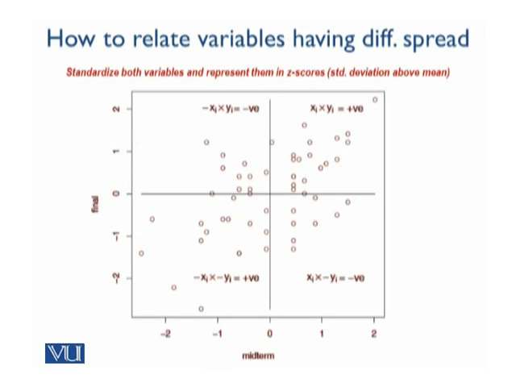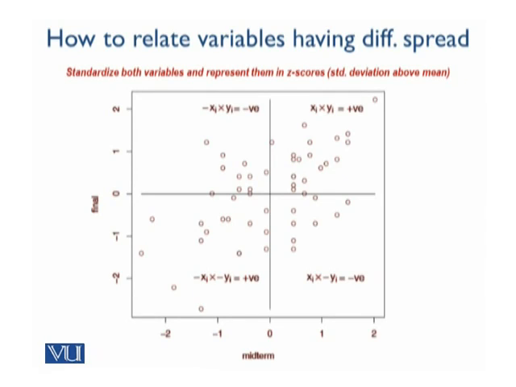So if we take the product of both z-scores, it would be a positive value if we are in the first quadrant, which is the top right side. It would also be positive if we are in the third quadrant, which is the bottom left side. For the other 2 quadrants, we'd be having negative values.